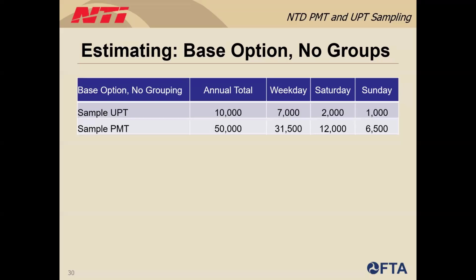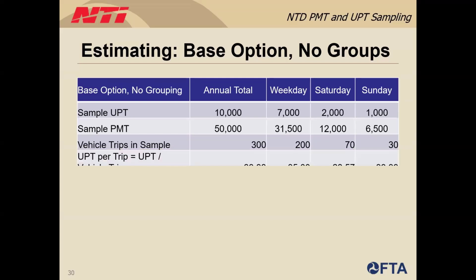In this example, we have a little bit more work to do because we're estimating both UPT and PMT from the sample data. We start with the same data as in the last example. But we need an extra piece, the number of vehicle trips in the sample. We calculate UPT per trip by dividing the sample UPT by the number of trips in the sample. Calculate PMT per trip the same way.